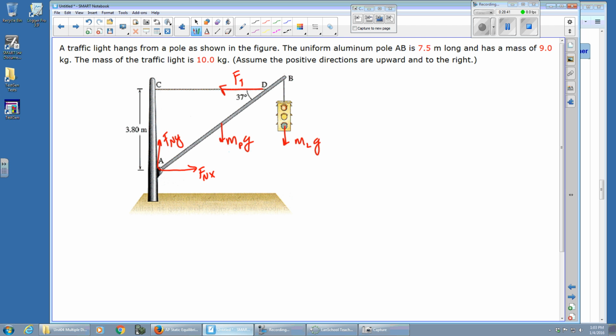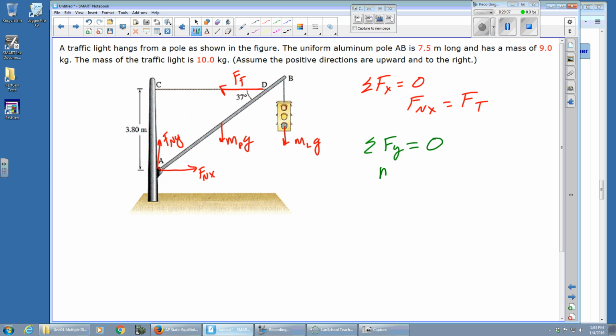Yes. So the tension and the normal force in the x are going to be the same. We get that from the sum of the forces in the x equals 0, and we can right away write F normal x equals F tension. And then the sum of the forces in the y must also equal 0.